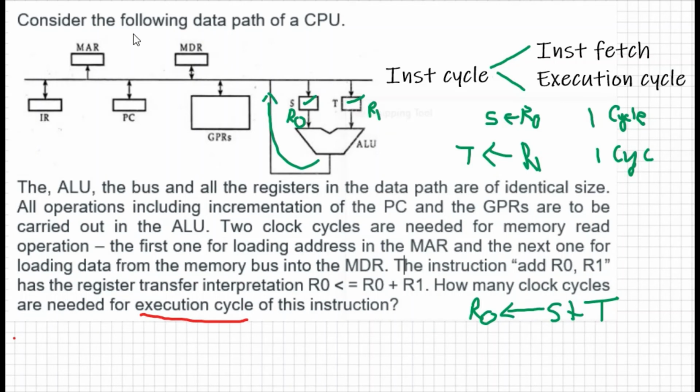So you can store it in any general purpose register, since R0 and R1 are both general purpose registers. So it will also take one cycle.